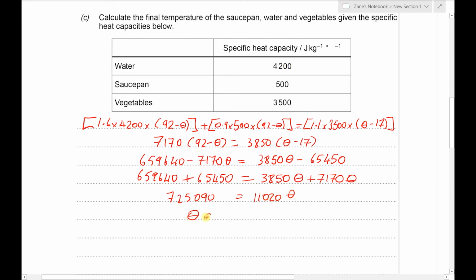So finally theta will be 725,090 divided by 11,020, and that gives us theta to be 65.8 degrees Celsius. So just be careful, try to avoid rounding, don't be afraid to write out each step.